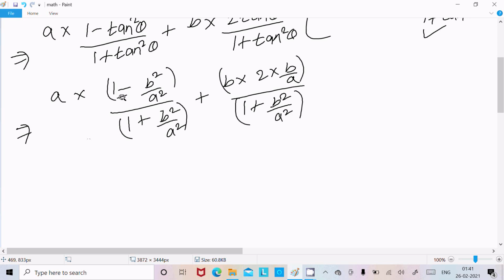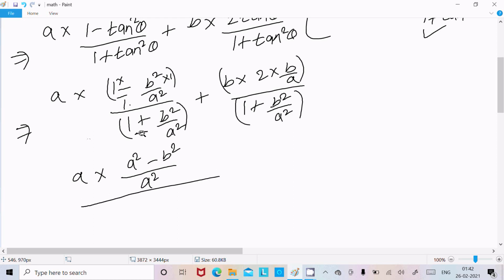So here for a, I am going to write 1 and take the LCM a square. 1 divided by a square comes a square multiplied with 1. So a square divided by a square, 1 comes 1, multiply with b square, so here b square comes.